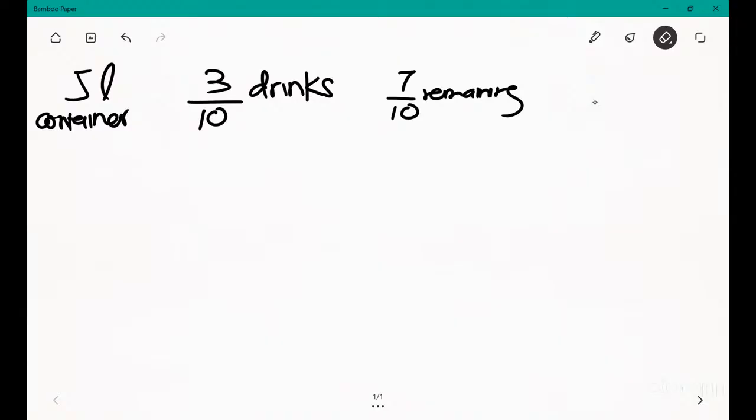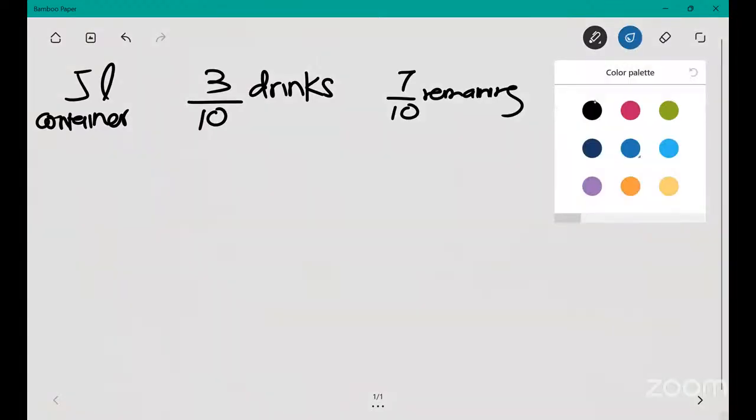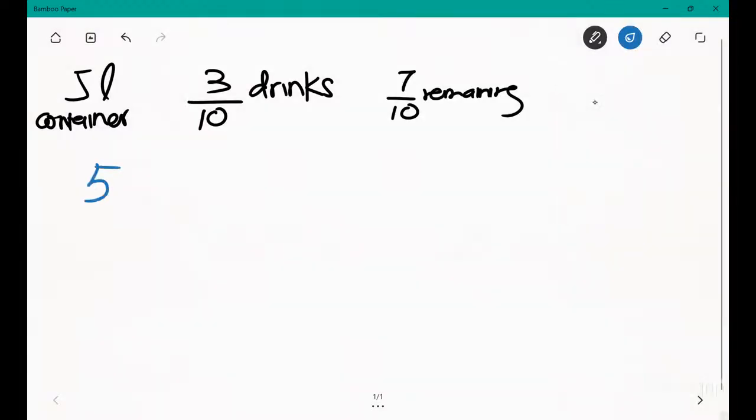First they're saying 5/7 of the remaining was poured into a bottle, so let's find the amount that was poured into a bottle. They're saying 5/7 of the remaining. So which fraction out of what I have written on top do we use now?